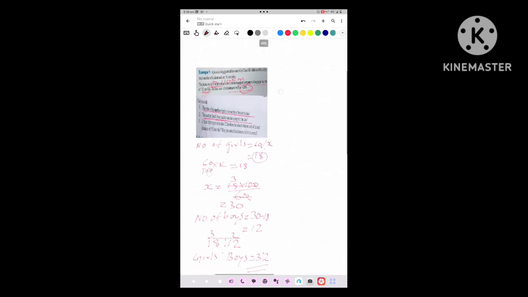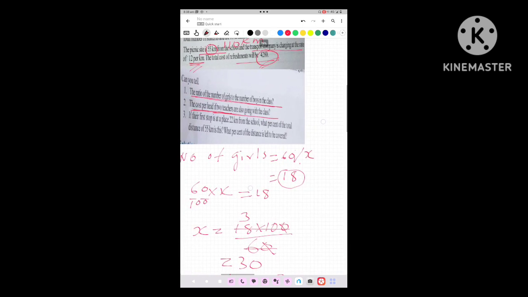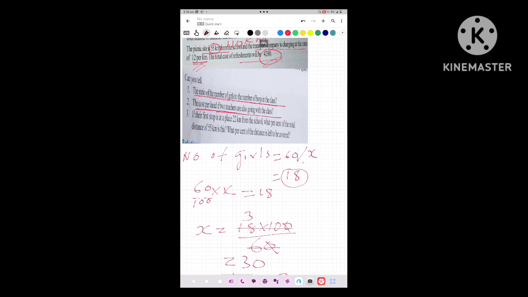Let us go to the next part of the question. What is it? If their first stop is at a place 22 km from the school, what percentage of the total distance of 55 km is this? The trip is going to stop at a place which is 22 km from the school. First halt at 22 km. The total distance from the school is 55 km.